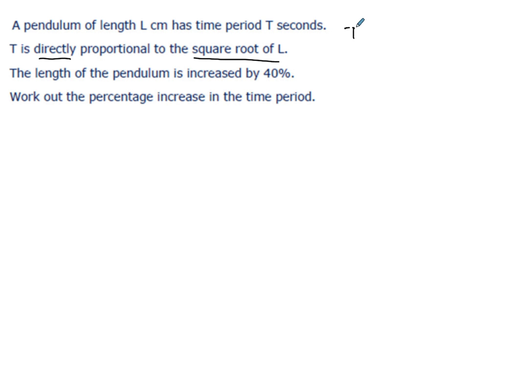So T is directly proportional to the square root of L. Okay, yeah. The length of the pendulum is increased by 40%. Work out the percentage increase in the time period.